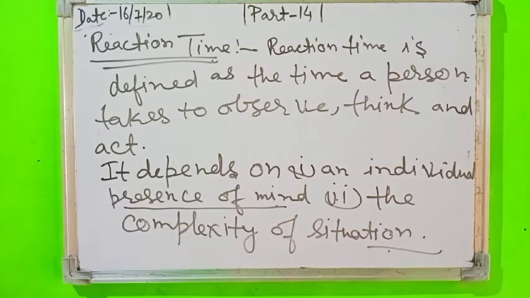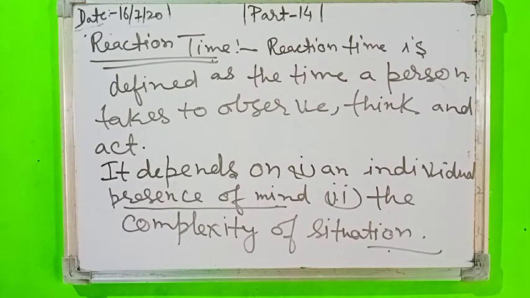A normal person can react more quickly as compared to an ill person or a disturbed person or a drunken person. The reaction time for a drunken person or psychologically disturbed person is more as compared to a normal person.